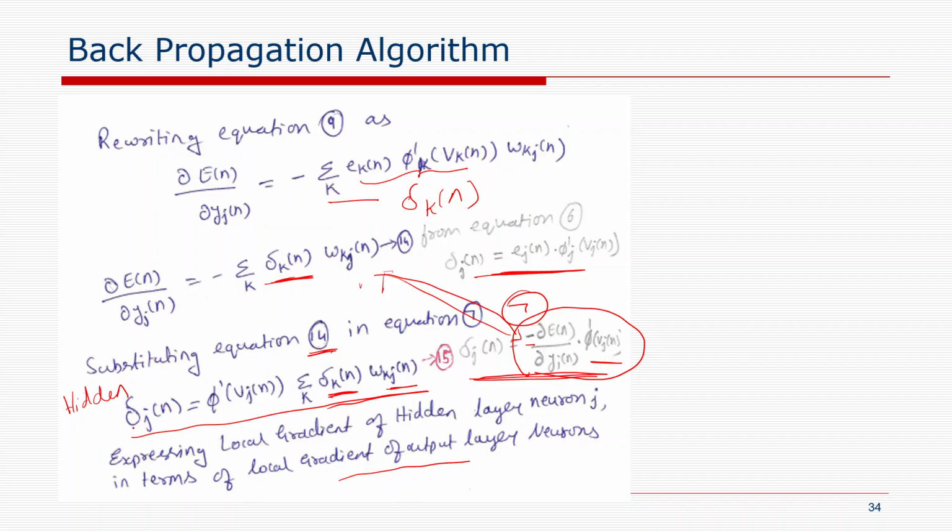That is the summary: we are expressing the local gradient of the hidden layer neuron j in terms of the local gradient of the output layer neurons.